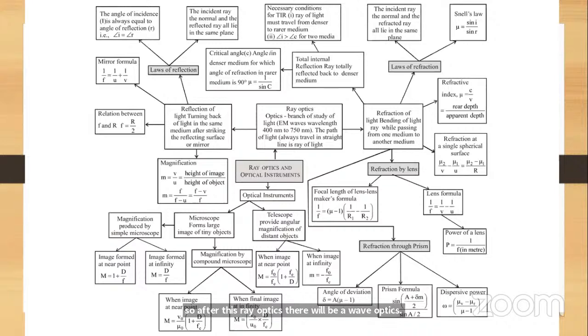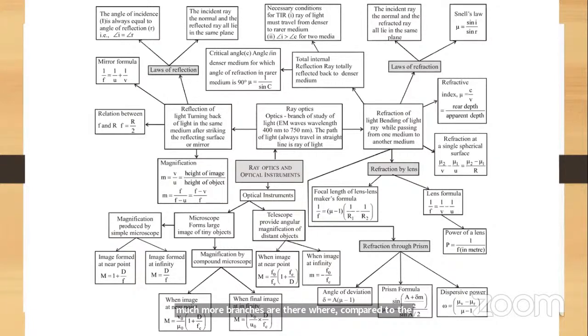This is completely related to optics, which carries more weightage in your competitive examination. Remember that. There are also many more branches of concepts compared to other chapters.